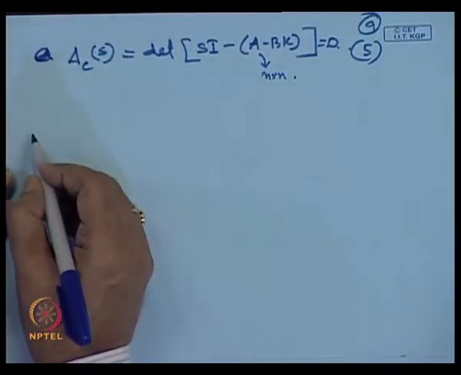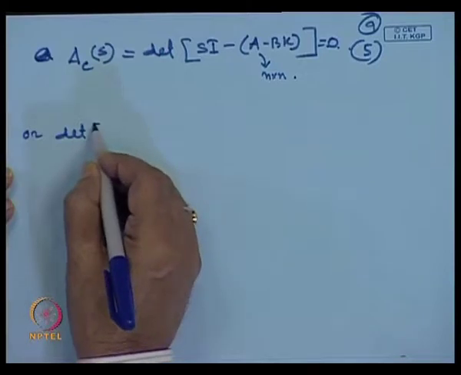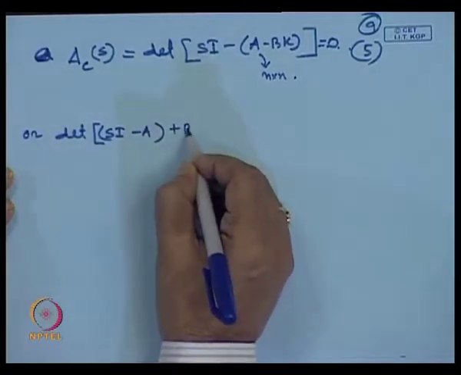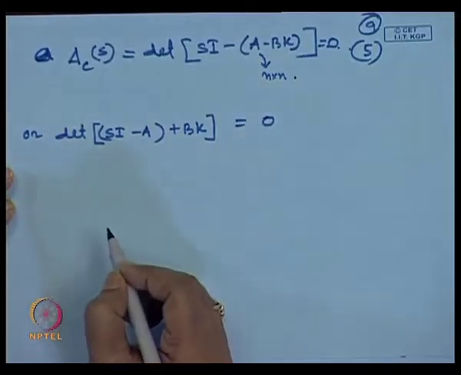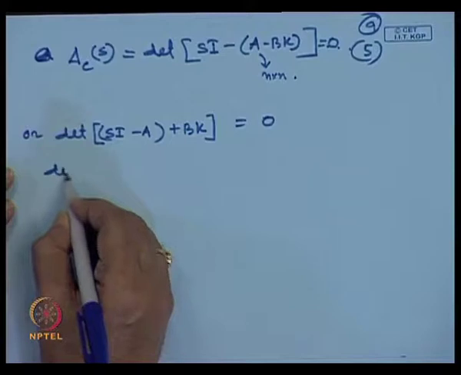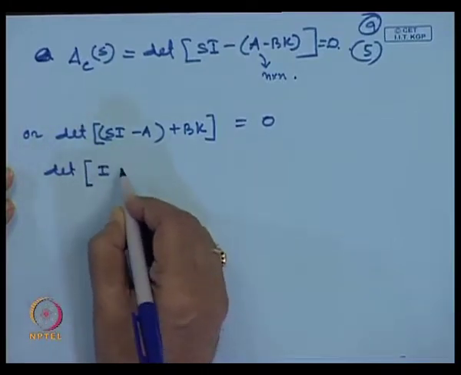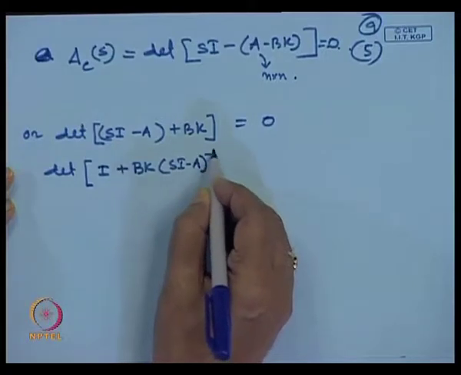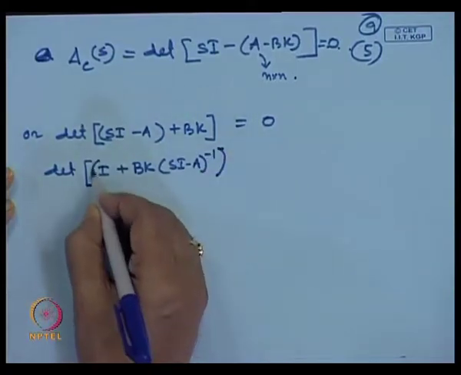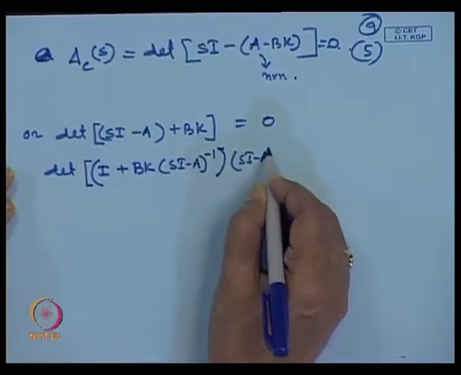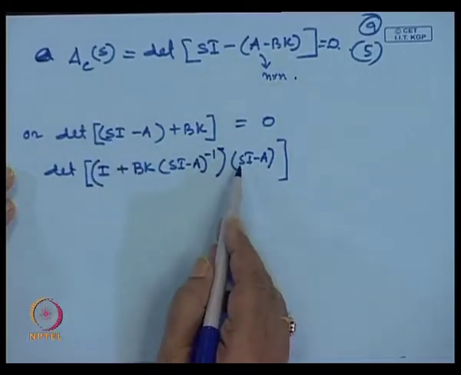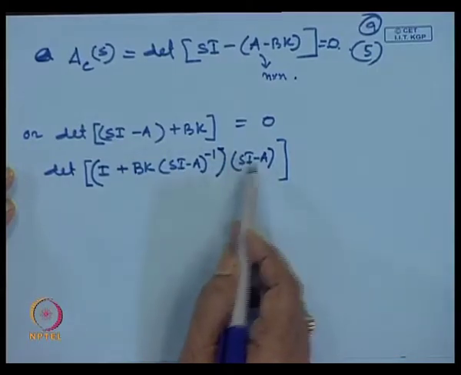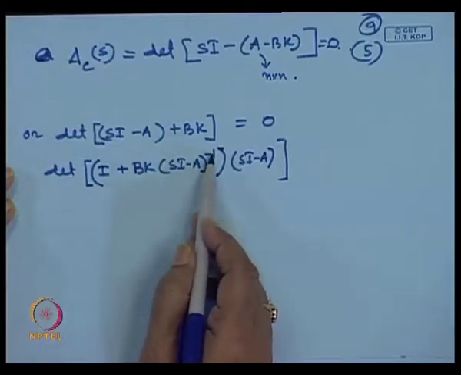Now this we can write as determinant of s I minus A plus B k is equal to 0, which you can write in this form: I plus B k into (s I minus A) whole inverse, this whole bracket into s I minus A. You push s I minus A inside, so this will be identity matrix, B k (s I minus A) inverse (s I minus A), which is the identity matrix.